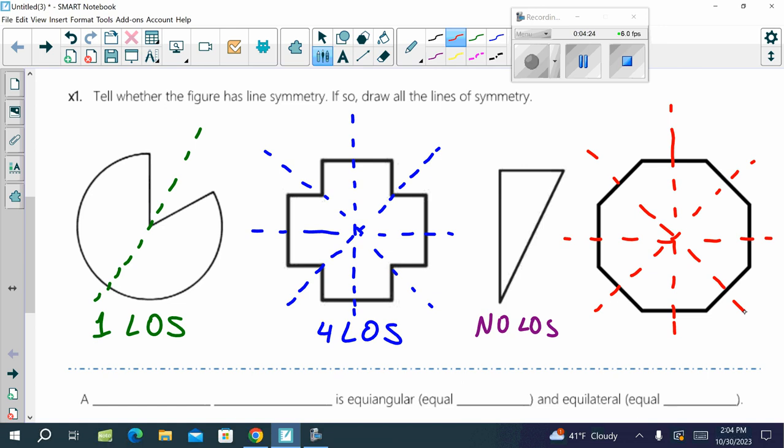Corner to corner, right? So this one has 8 lines of symmetry. Any questions?